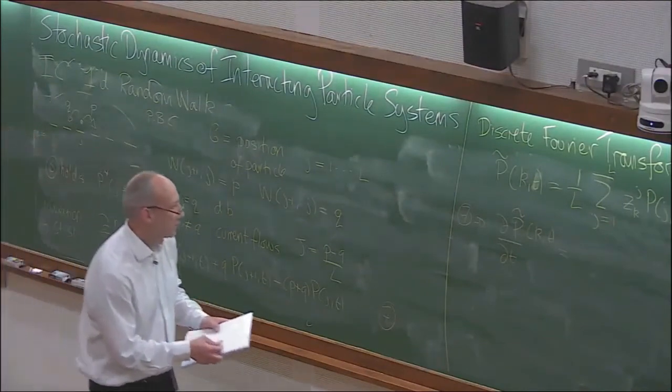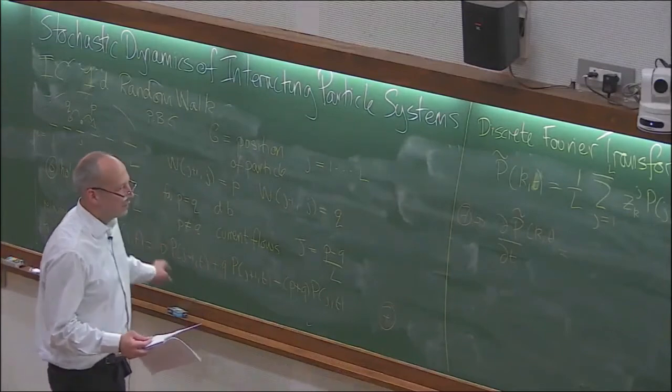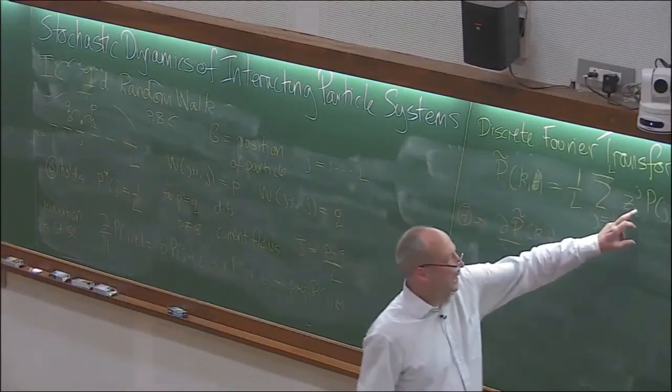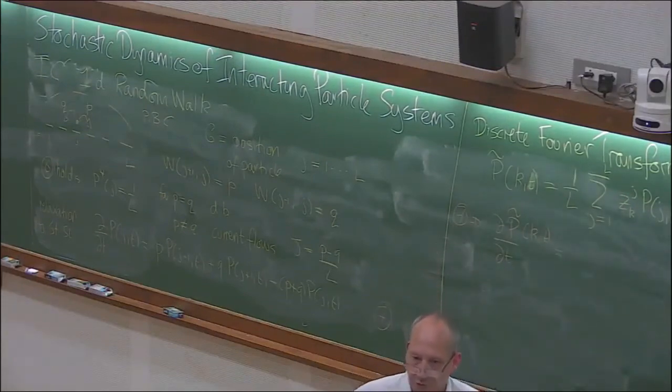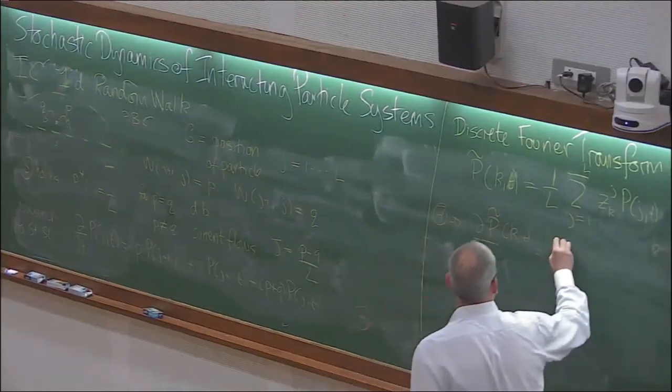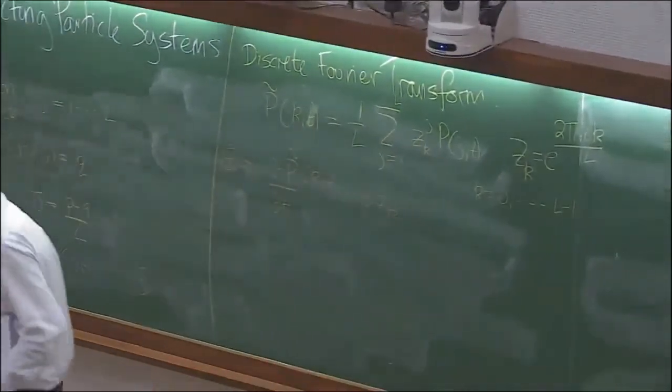When I relabel the sum, j goes to j plus 1, I'm going to get one extra factor of z_k, because I'm going to have j plus 1. So this is something that you need to work through yourself, but I'm going to have p z_k from here, because of the j minus 1.